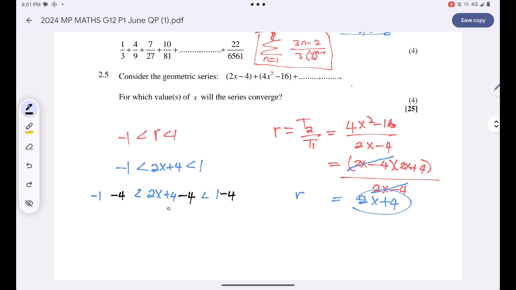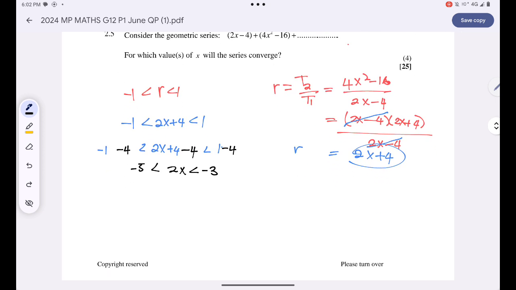So in the middle, I'll be left with 2x, and -1 minus 4 is basically -5, and then 1 minus 4, that's -3. I can divide both sides by 2, or rather every term by 2. I'll end up having x in between -5 over 2 and -3 over 2.